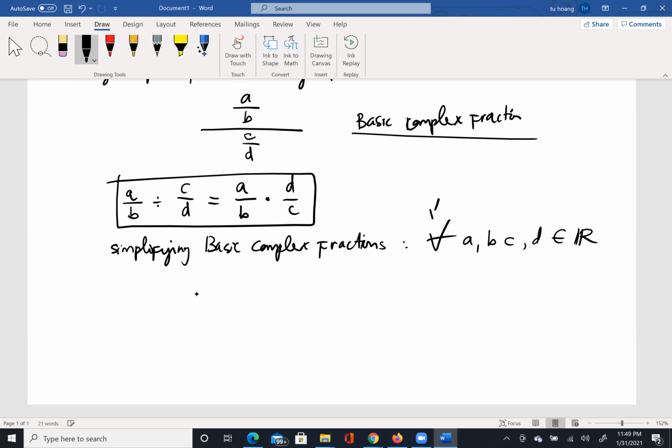This one means for all. This one means belonging to the real numbers.